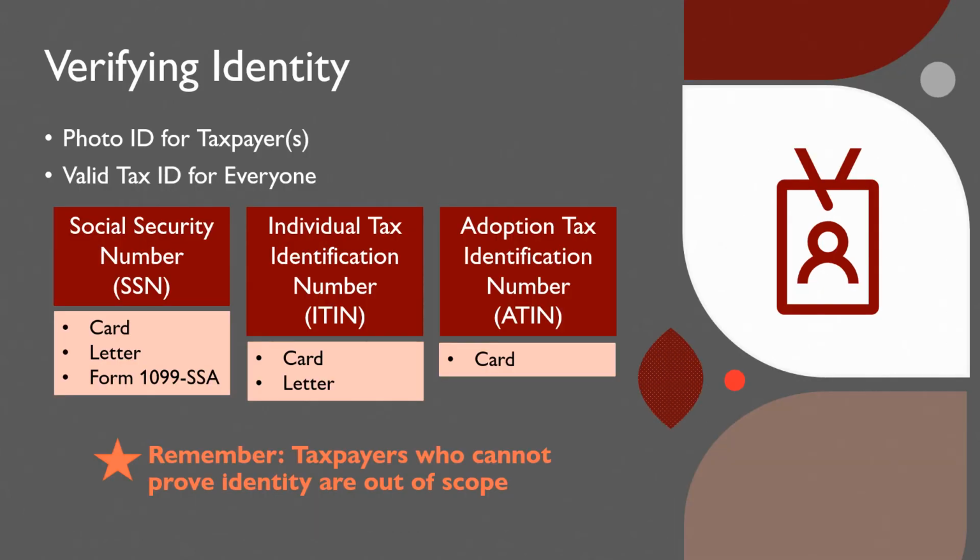Before you start a return, you must verify the taxpayer's identity. This includes a photo ID for any taxpayers and a valid tax ID for everyone who will be on the return. This includes dependents.